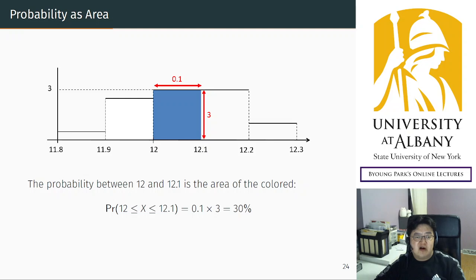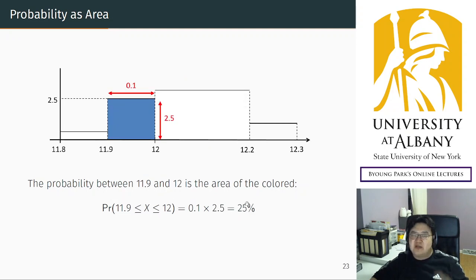This is general. Depending on how you draw the graph, you can change the probability. If the graph is higher, then there is more probability on the same interval. So as you compare, same interval, but 30% here and 25% there.